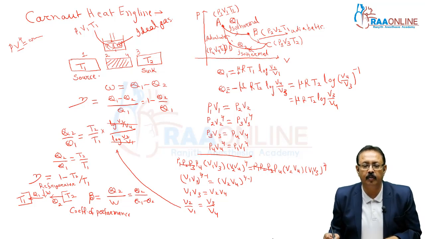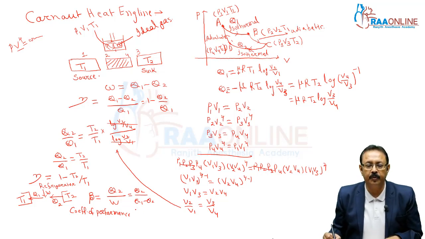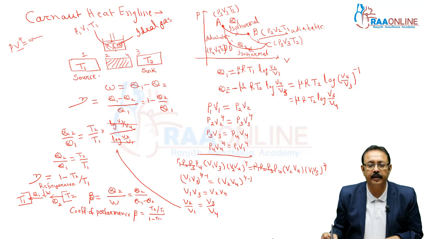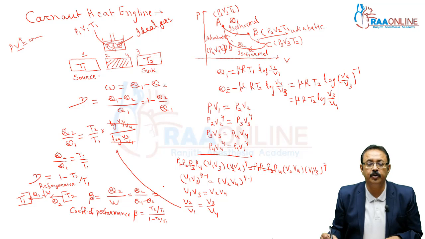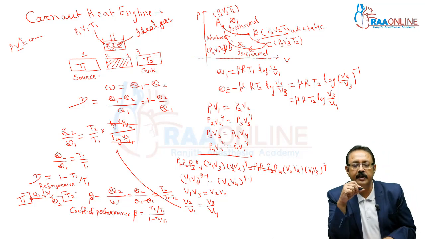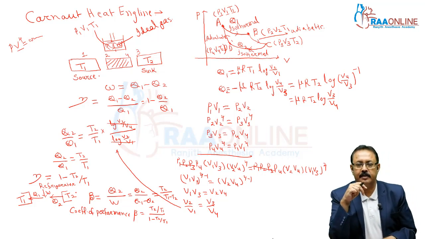Divide numerator and denominator by Q2. So you can write beta: Q2 upon Q1 means T2 by T1. Dividing by Q1, it is 1 minus T2 by T1. So we can write this as T2 upon T1 minus T2. So it was the coefficient of performance.